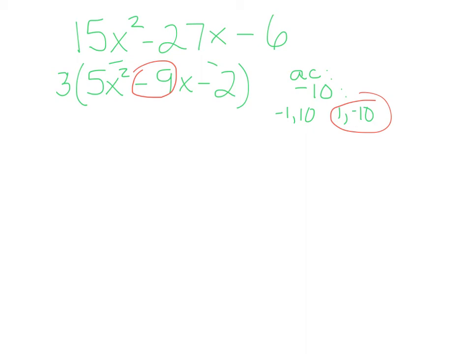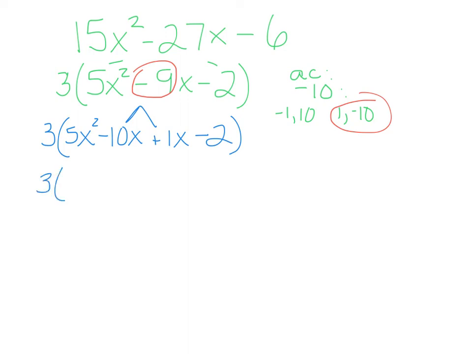So I'm going to rewrite it. 3 times 5x squared minus 10x plus 1x minus 2. Remember, this is where we were rewriting. Now we group.